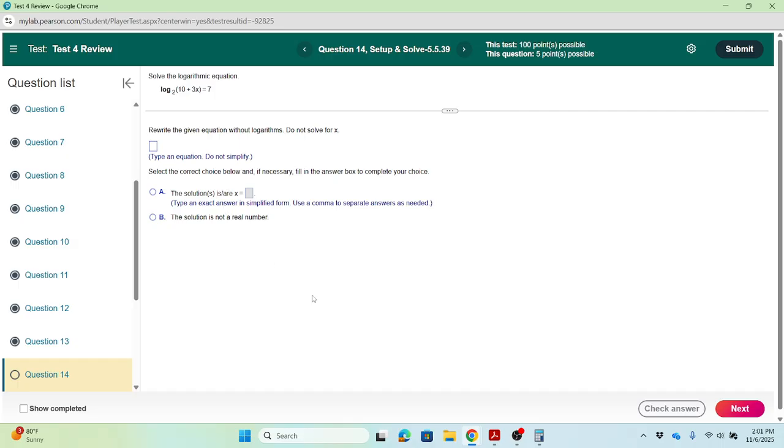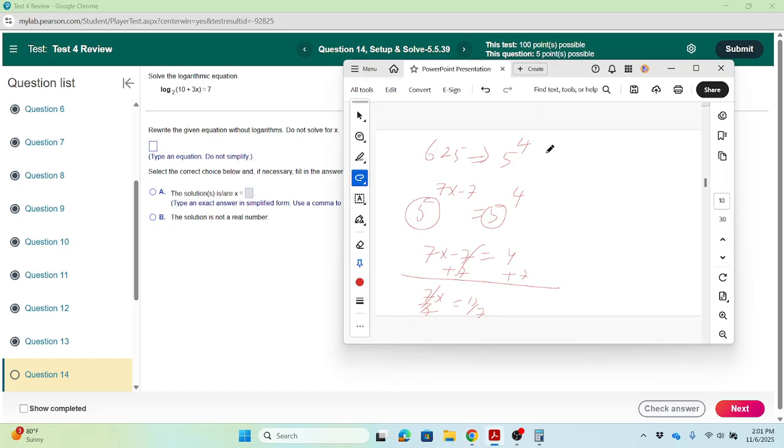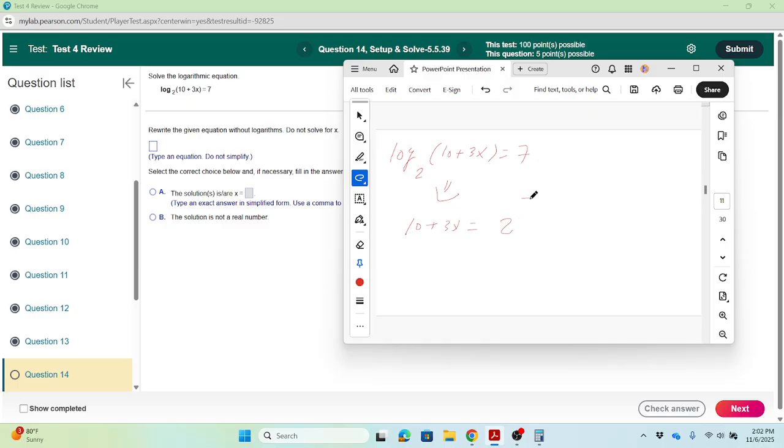Okay, how to solve this log? Because there is only one log function, so you can go from log to exponential form. So log base 2 of 10 plus 3x equals 7 can be changed as 10 plus 3x equal the base to the power 7. Okay, and then now solve for x by subtracting 10.